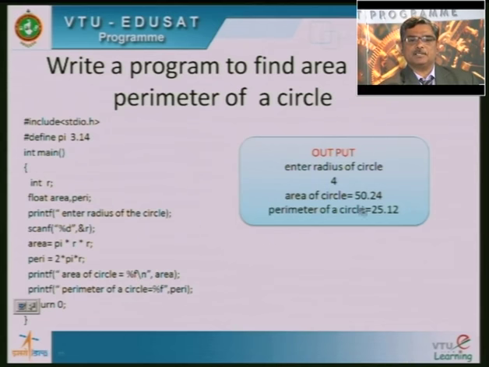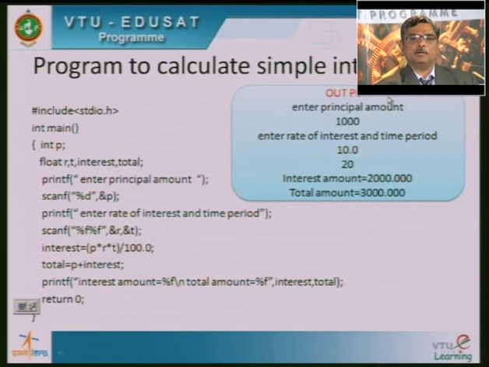Slash n, so the next output is printed on the next line. Perimeter of a circle equal to %f, and the value is printed in this position: 25.12. Return 0. So this is how to write programs using the instructions that you have learned.